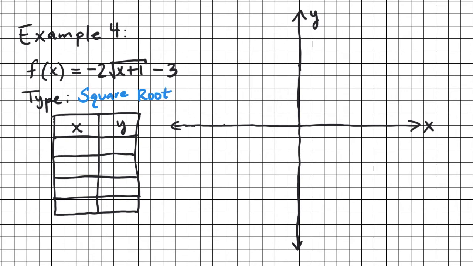That means we have the following points. 0, 0, 1, 1, 4, 2, 9, 3.